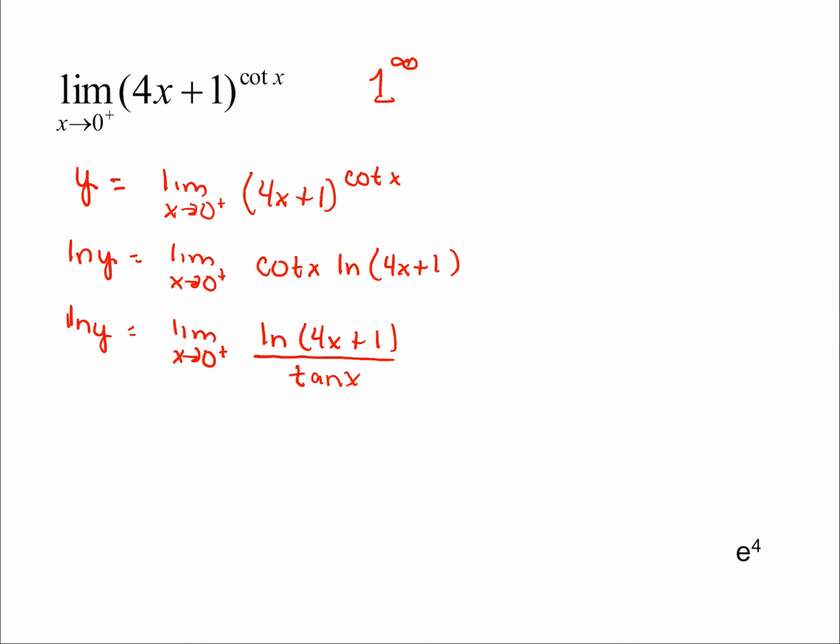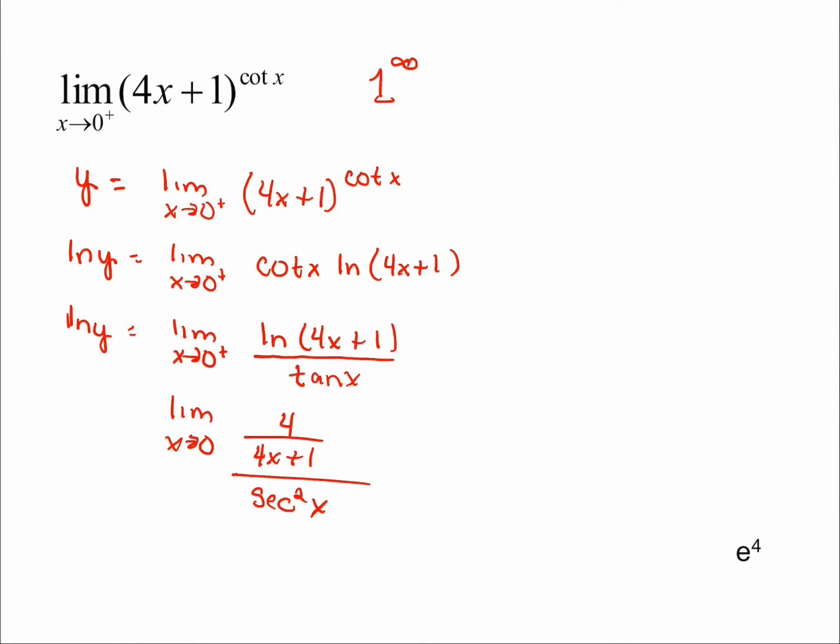L'Hopital applies. So once again, we can do the limit as x approaches 0, taking the derivative. Using chain rule, I get 4 on the numerator and then 4x plus 1 in the denominator. And then the derivative of tan x is secant squared x. Now I'm going to try direct substitution again.